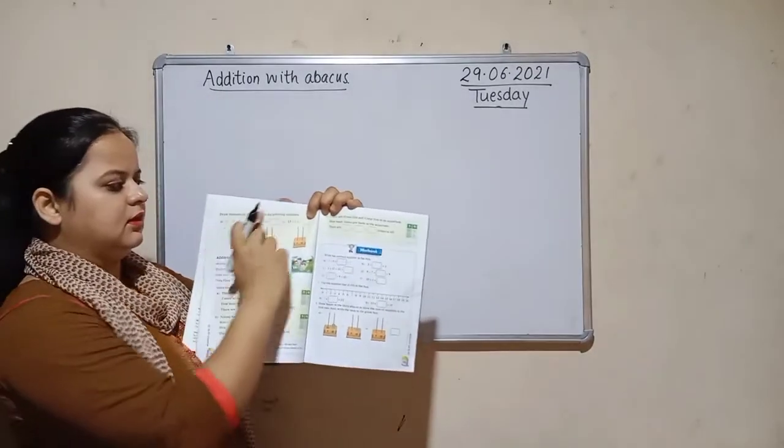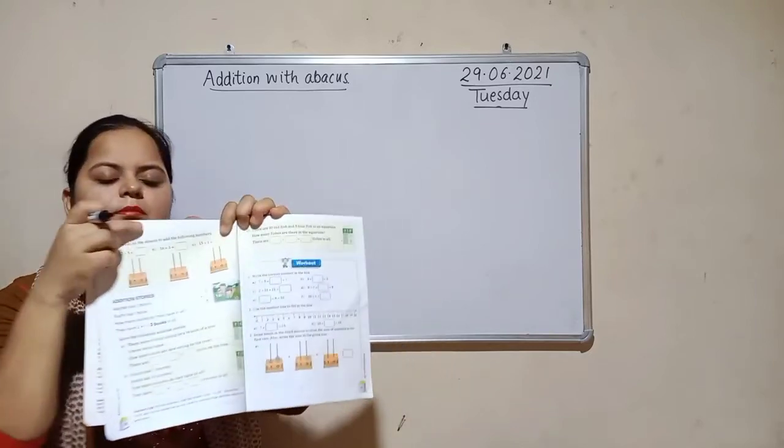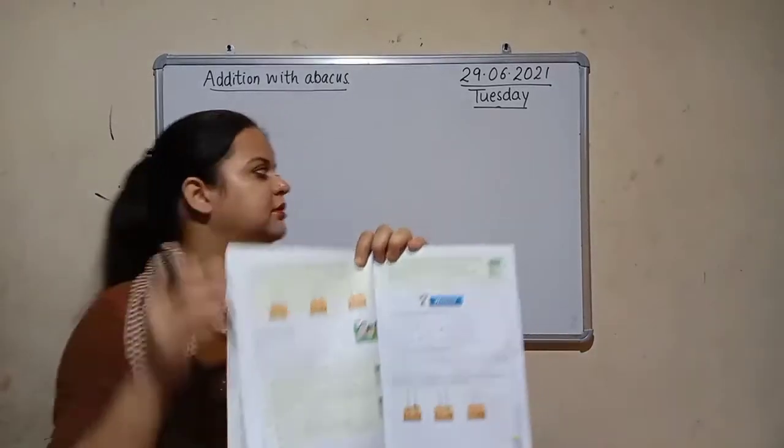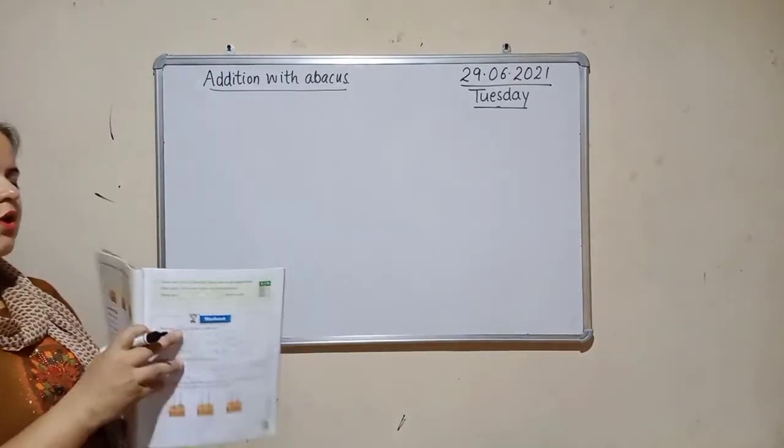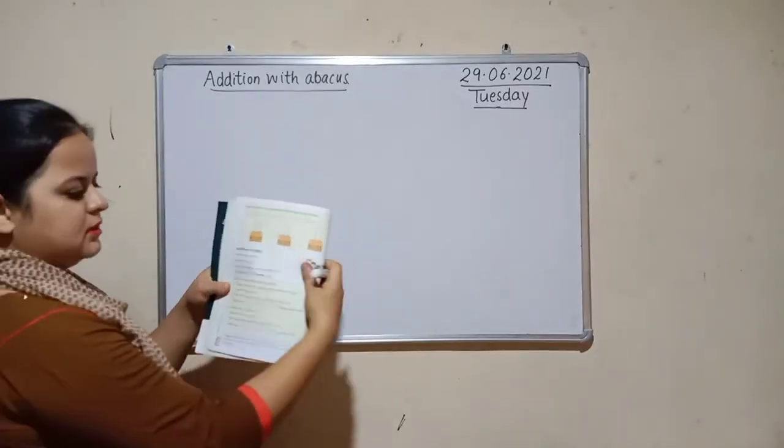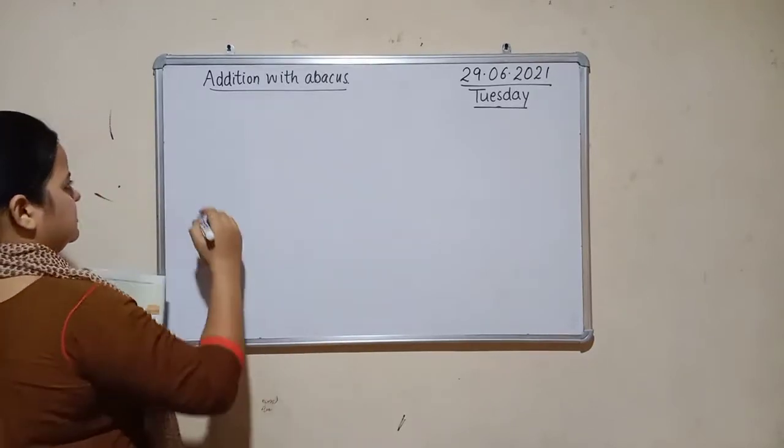Write the date on the page here. 29/6/2021. And now we will do these three sums on abacus.